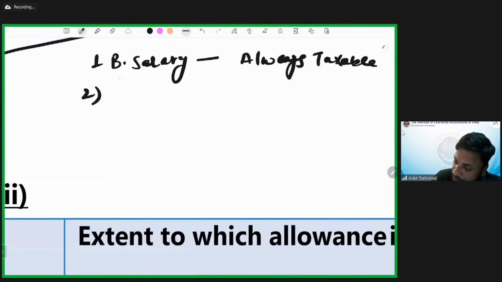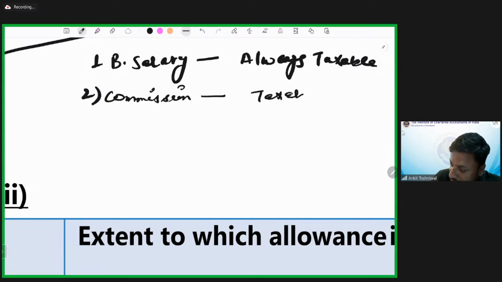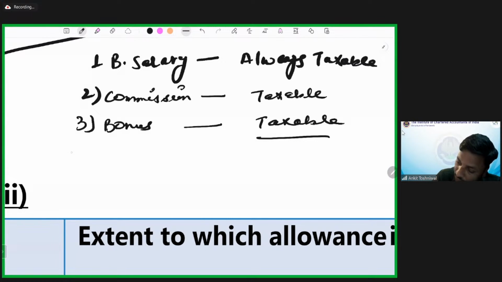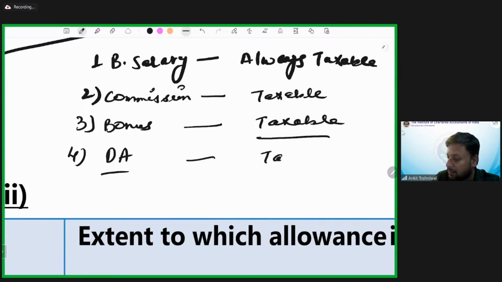Number 2, commission, always taxable. 3, bonus, always taxable. 4, DA, dearness allowance, always taxable. Please remember these 4 things.